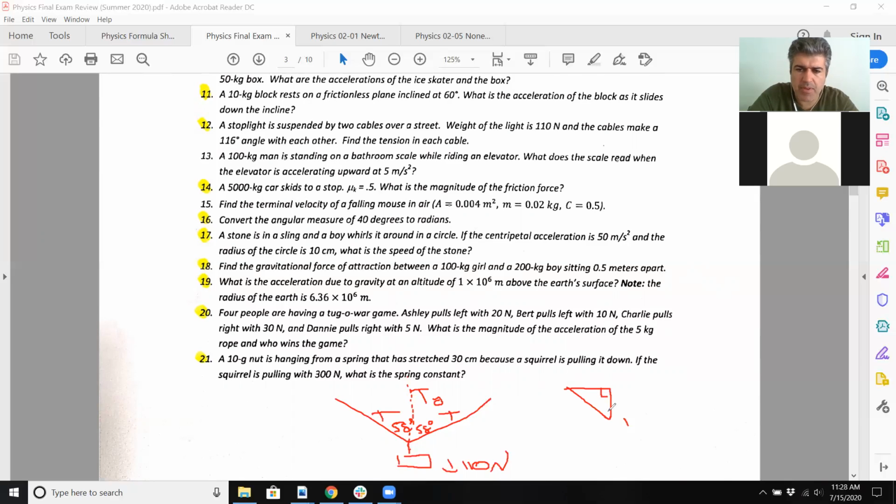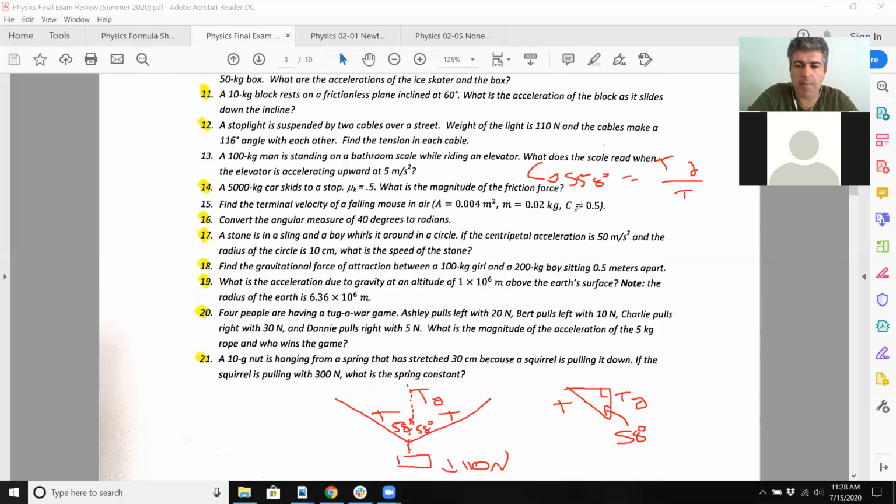Yeah, that's 58 degrees. That's T, so that's Ty. So the cosine of 58 degrees is going to equal Ty over T.